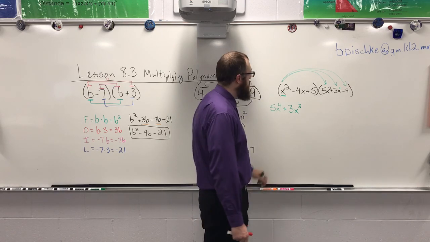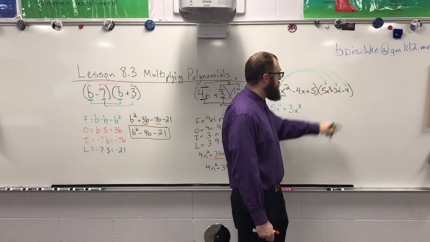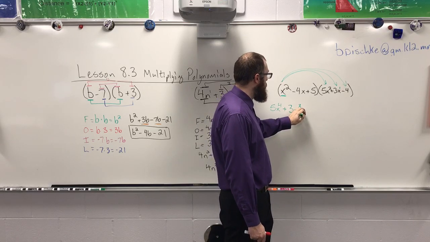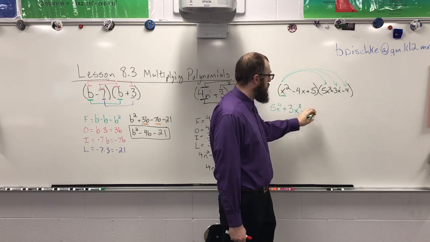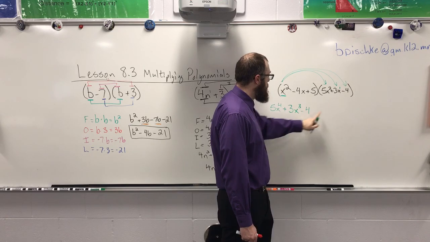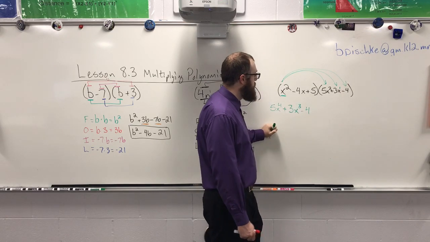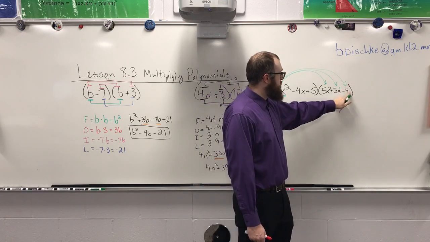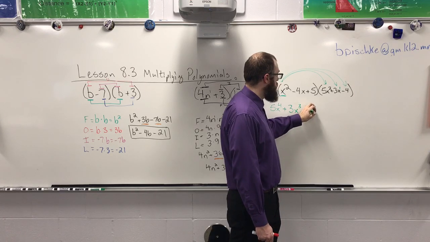Last one. x squared times -4. Coefficient times coefficient. 1 times 4 is 4. Remember that it's negative because that one is negative. x squared times no x's is x squared.